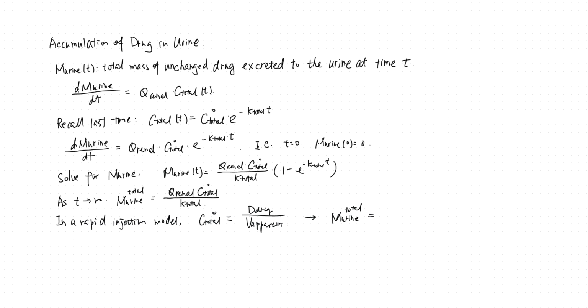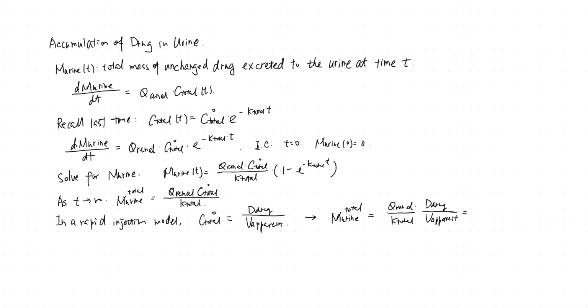It's the C total multiplied by the equation. You get M urine total multiplied by the drug dose divided by the apparent V. That ratio, Q renal divided by V apparent, is K renal, if you recall what we discussed last time.